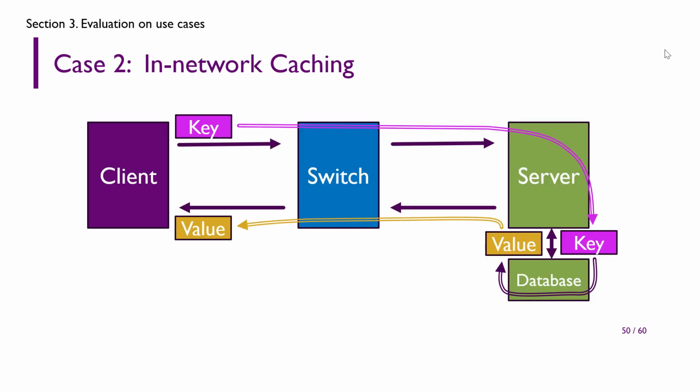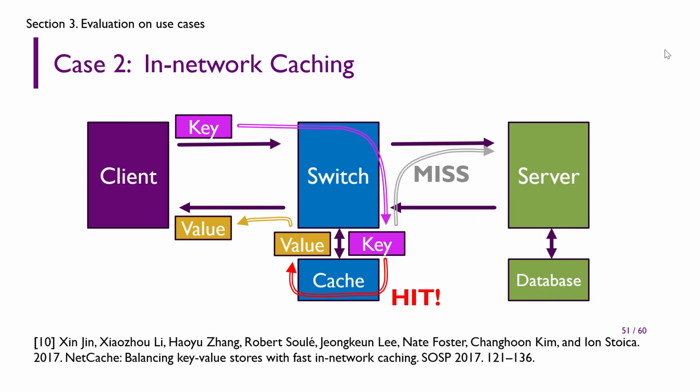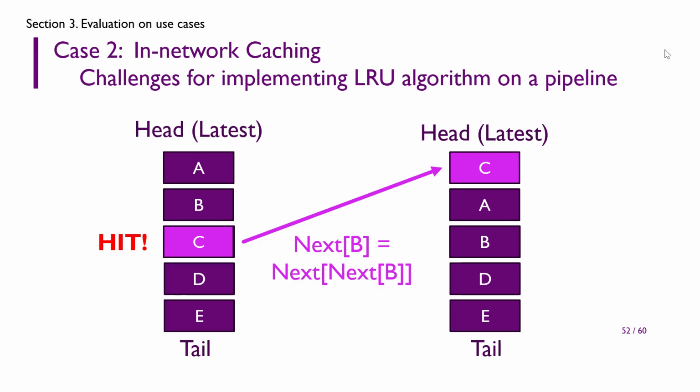The second case is about in-network caching. Traditional key-value queries always need to be done on the server, but with a programmable switch, these queries can first access the in-network cache. Only cache-missing queries are sent to the server. There is no doubt that hit ratio is a key metric of in-network caching performance.